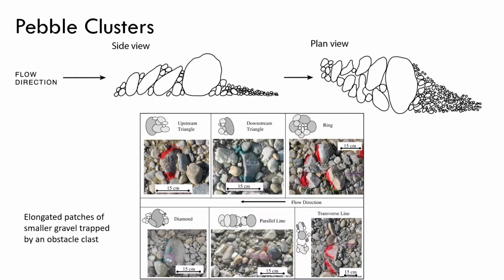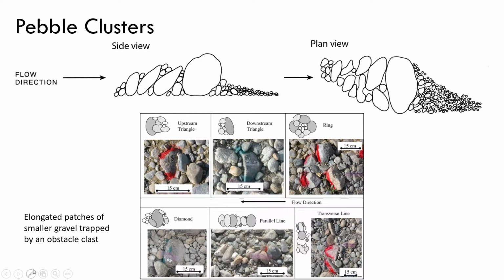So the first type of bed form is usually at a fairly small scale, but you can have patches of these pebble clusters that dominate an entire stretch of river. Pebble clusters are elongated patches of smaller gravel that's trapped by an obstacle clast.